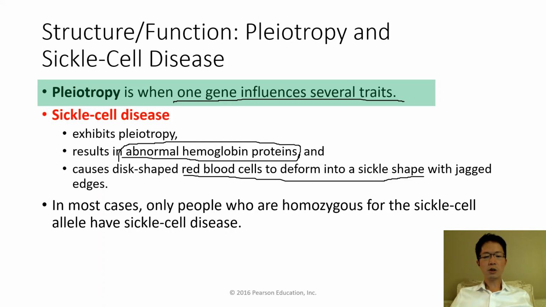Most of the time, people who are homozygous with the sickle cell allele will have sickle cell disease. The sickle cell allele is also recessive, so this is also a recessive disorder.